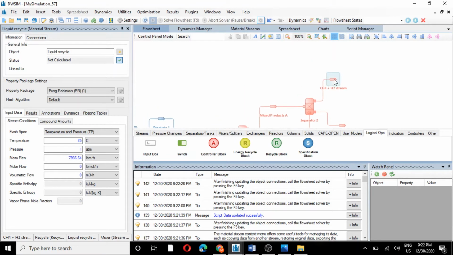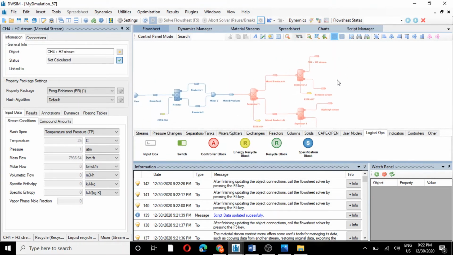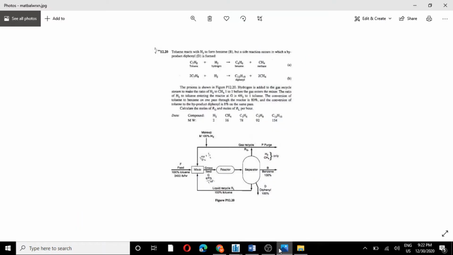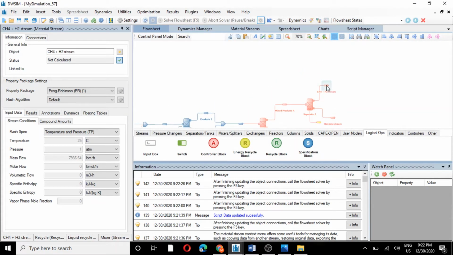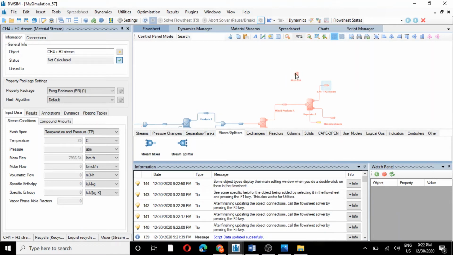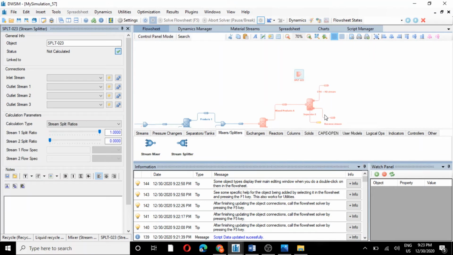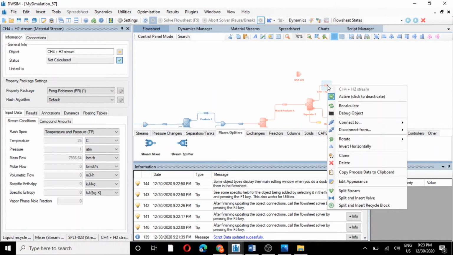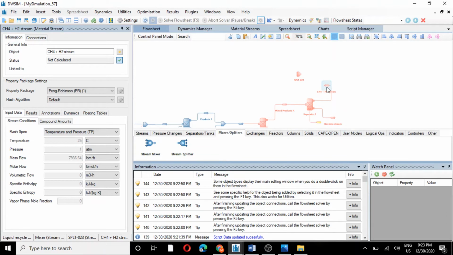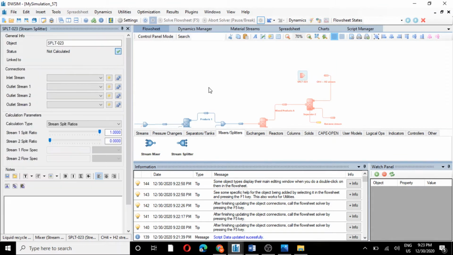Okay, and for the above stream, in the problem it is split into gas recycle and purge. So to do that, we have to add another unit operation, which is this one, the stream splitter. I have to invert this horizontally. So this is our inlet stream.